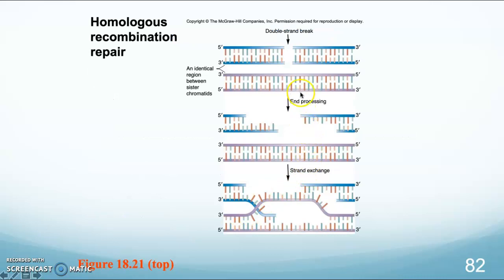So with homologous recombination repair, the really cool thing is that with our sister chromatids at this point, we have identical DNA strands that are side by side. So if we have a double strand break, what we can do is basically trim those so we get these overhanging ends to our damaged strand. And what we'll get is our sister chromatid will actually kind of invade there and allow it to be used as a template.